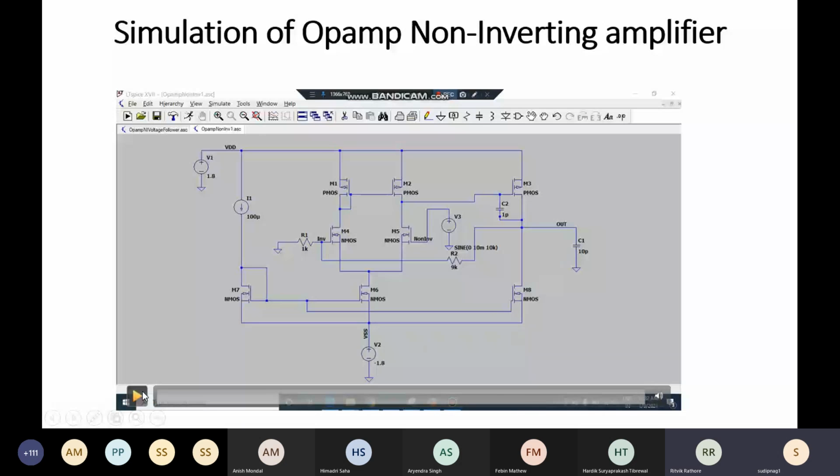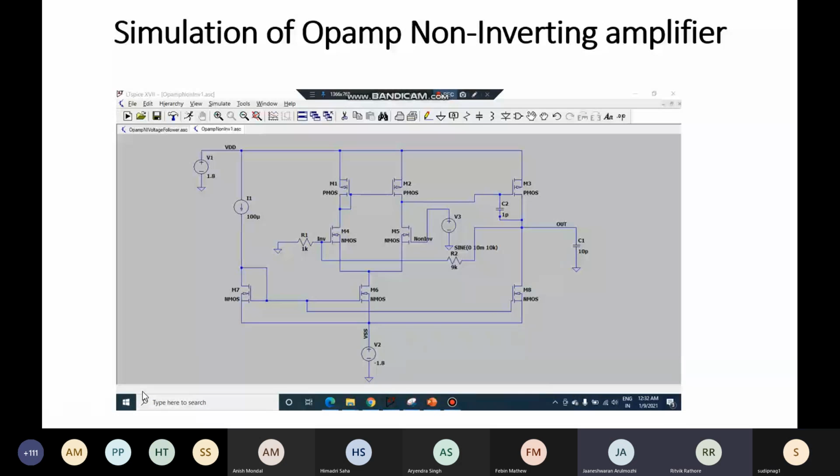Sir, why do we mostly follow the output of the differential amplifier being connected to PMOS and the load being an NMOS? Why can't we do the opposite? Oh, okay. So this depends actually. You can also do it the other way.